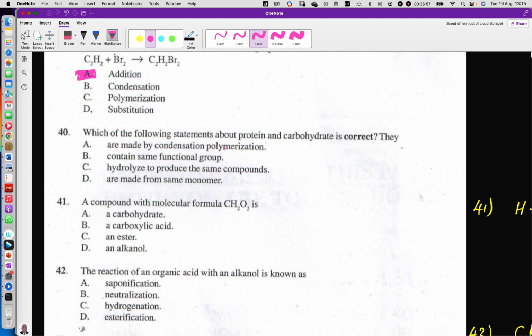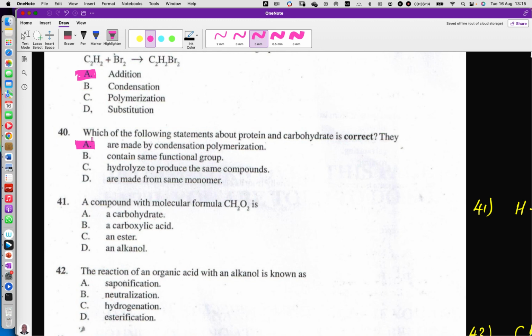So they are all condensation polymers. Our answer for 40 is A.